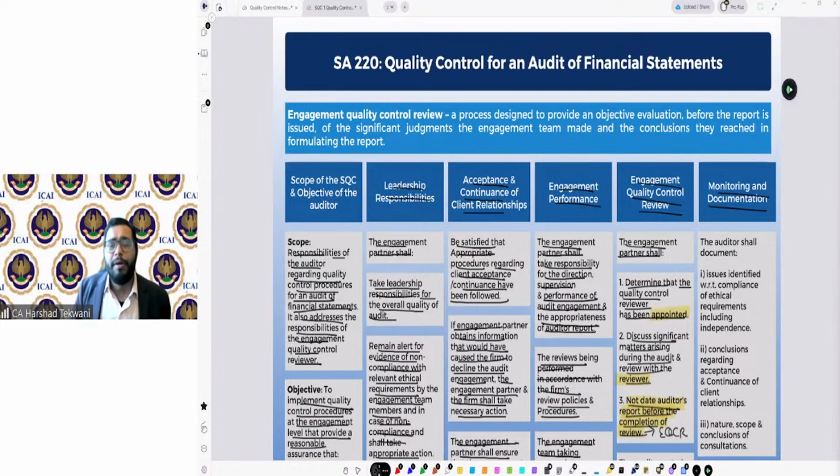If you sign the audit report when the review is not complete, you might be grossly negligent, or you could be held professionally negligent.